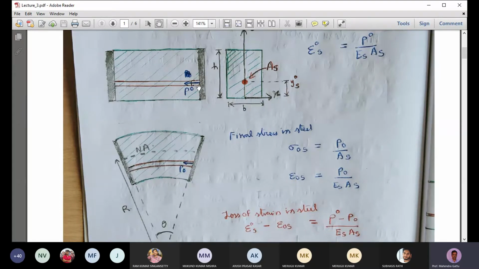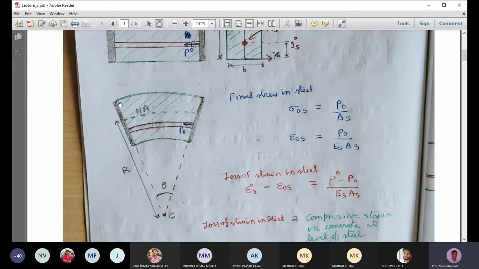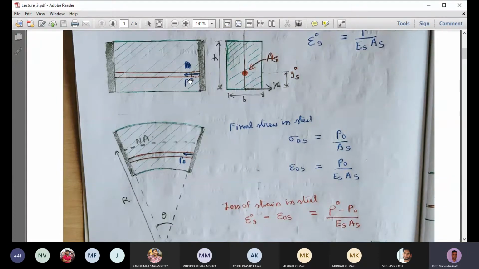But since the tendon is placed eccentrically, we'll have some bending. This is the deformed configuration of the concrete beam, and this is the deformed configuration of the steel tendon. In the steel tendon the force is now reduced, and it has become P subscript naught. We want to find the relation between P superscript naught and P subscript naught.